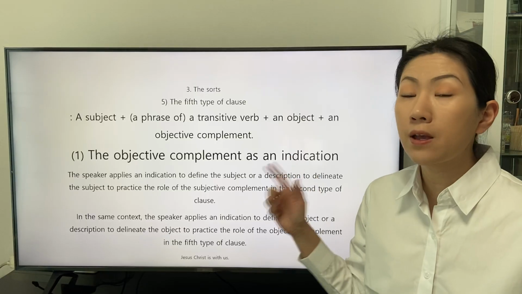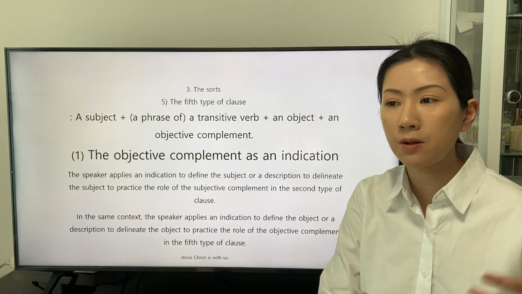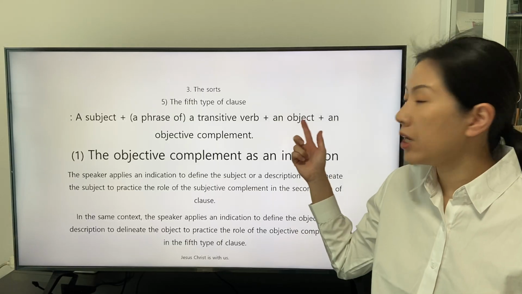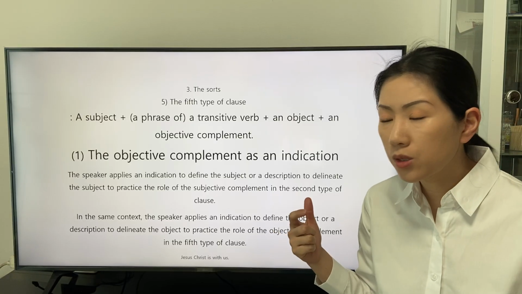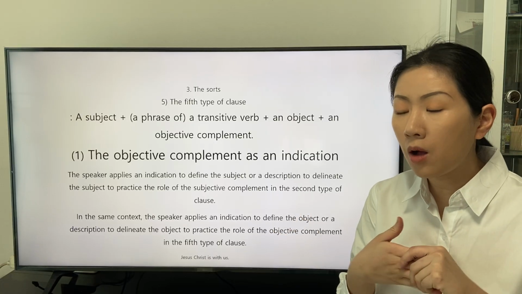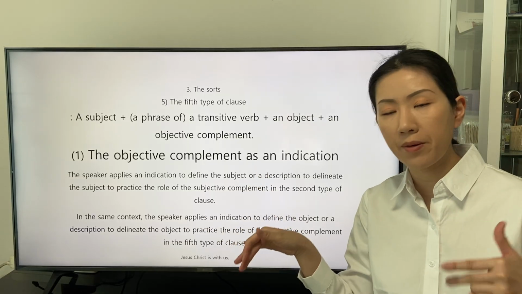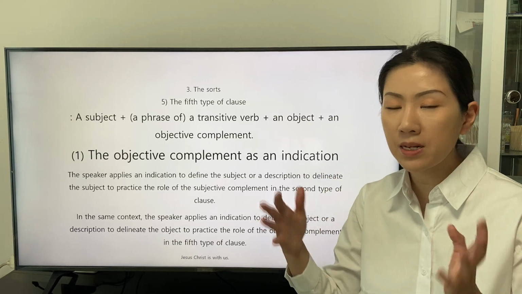In the 5th type of clause, the complement is applied to describe the object. We've dealt with the complement to describe the subject in the 2nd type of clause, and we call that complement a subjective complement.